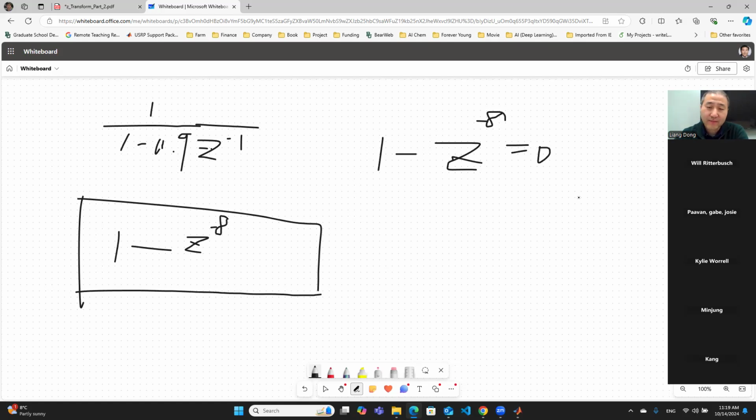Calculate this. And then what's the solution? Well, z to the power of 8 is equal to 1. Z can be a complex number. Therefore, z can be equal to 1, minus 1, j, minus j.